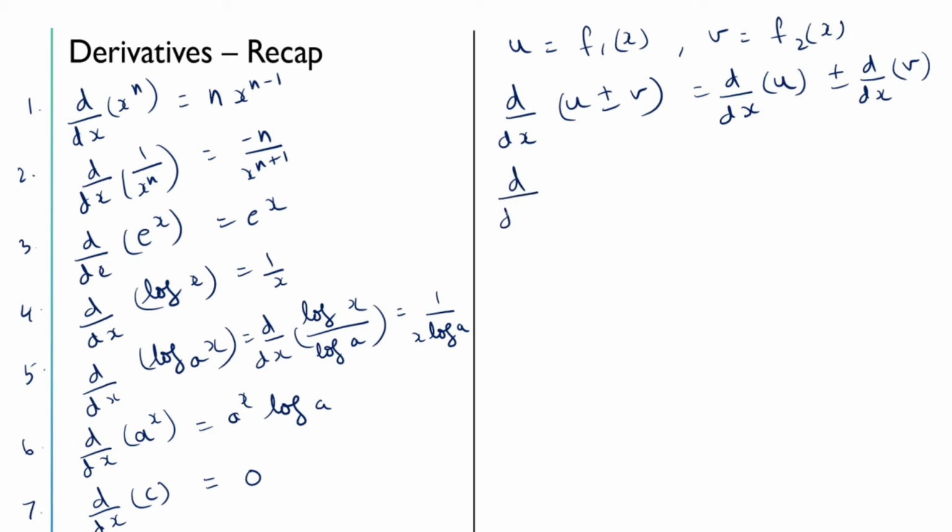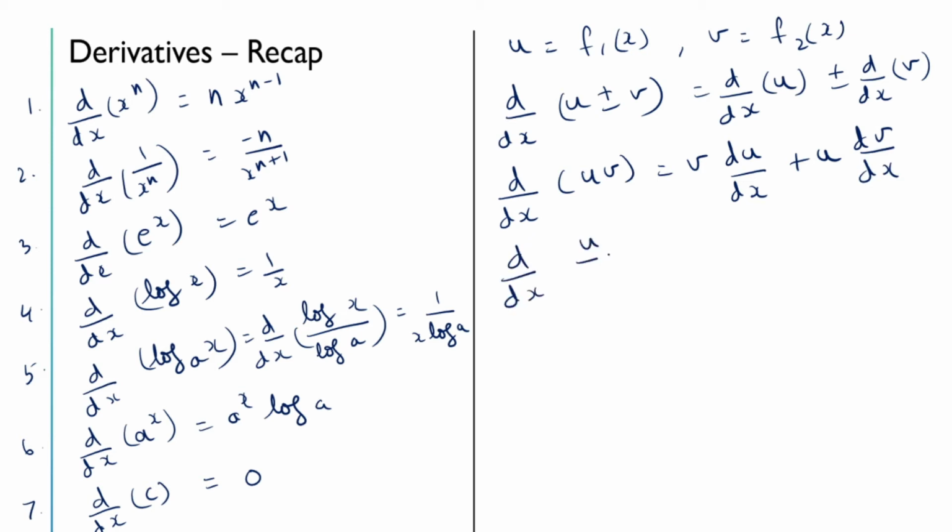Then d by dx of the product of u and v is calculated as v into derivative of u plus u into derivative of v. Then the derivative of u divided by v can be found as: denominator is v square and in the numerator v into du by dx minus u into dv by dx.